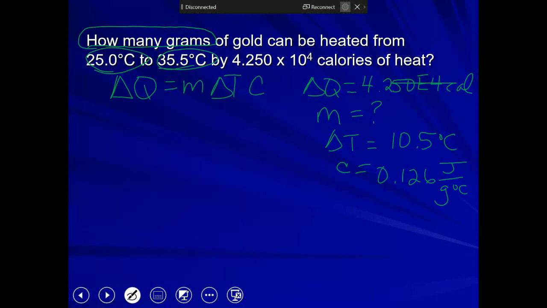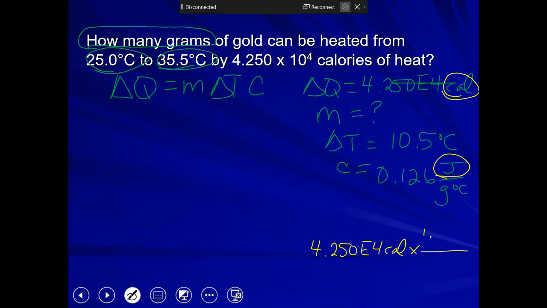I don't know if you can see it here, but I've got a little conflict of units. My heat is in calories and my specific heat is in joules. So I better do a little conversion. 4.250 times 10 to the fourth calories. I know that there's 4.184 joules for every calorie.